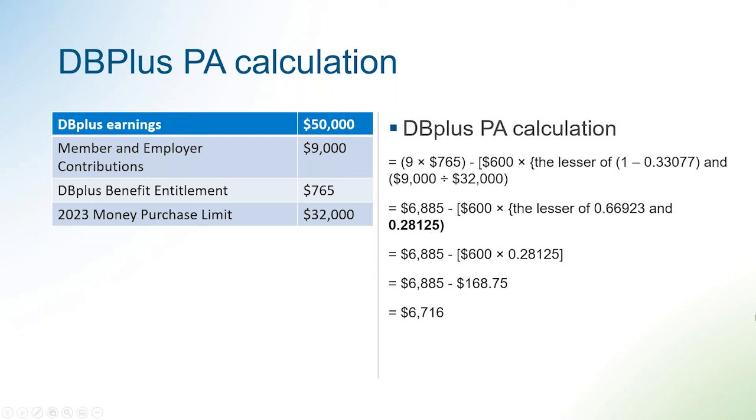The contributions of $9,000 divided by $32,000 is 0.28125. In this case, 0.28125 is lower and will be used to prorate the PA offset. The DB Plus PA will be $6,716.